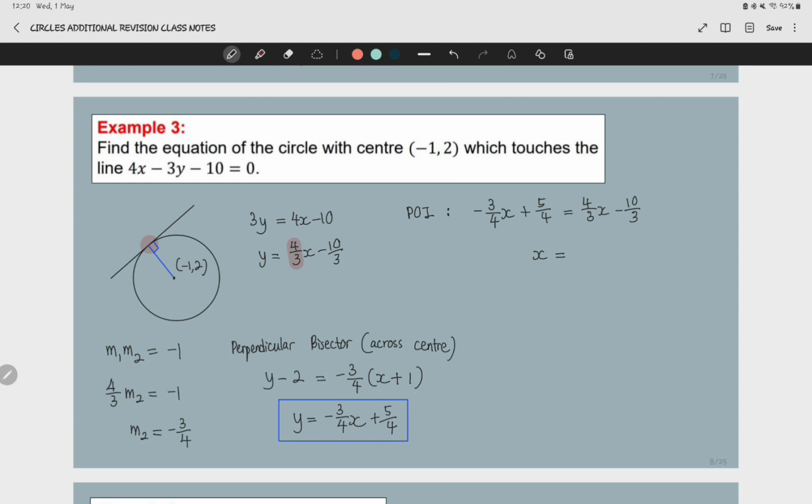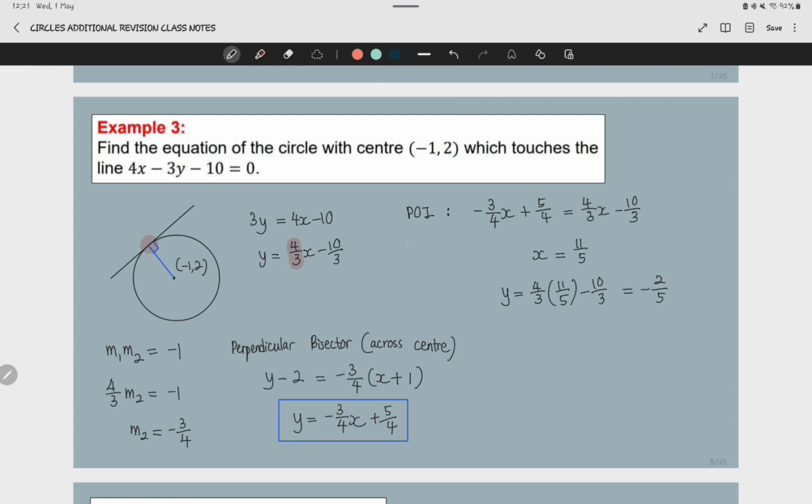Then you shift, calculate, solve. You get x is 11 over 5. Okay, now you have your x. Substitute into either one of your equations. Okay, I choose the first one, the original given. And then I would get, okay, 4 over 3 minus 10 over 3, you will get negative 2 over 5.